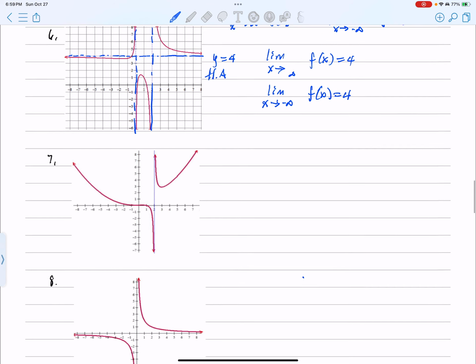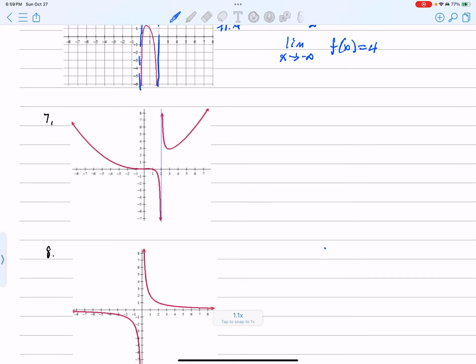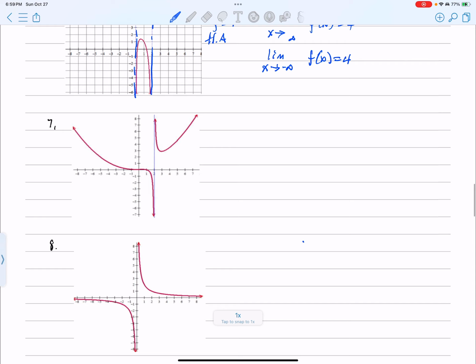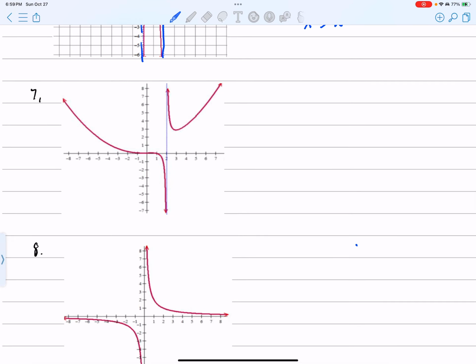Let's do graph 7. No, we cannot have a horizontal asymptote here, because if we try to draw a line at x equals 0, it intersects at this point. An asymptote just touches and does not intersect the curve.